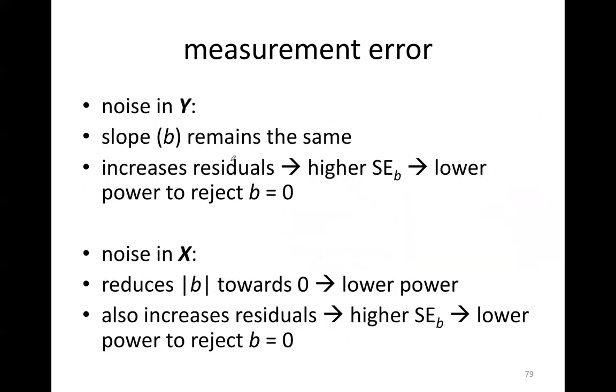So just to repeat that, noise in y affects the significance. It weakens the power to reject beta being zero. Actually, I should have put beta here. But it doesn't affect the slope. But noise in x reduces power again, and it also reduces the estimate of the slope. It pushes it towards zero.